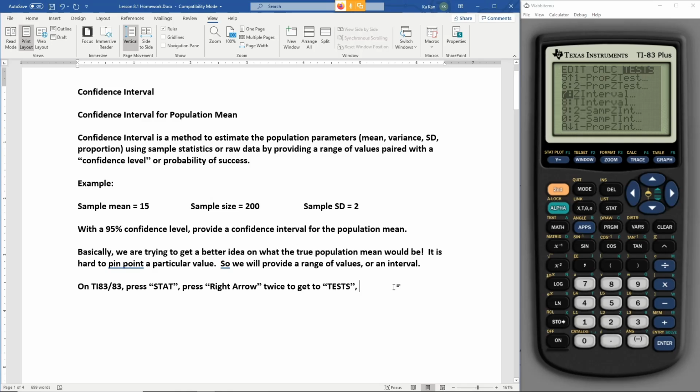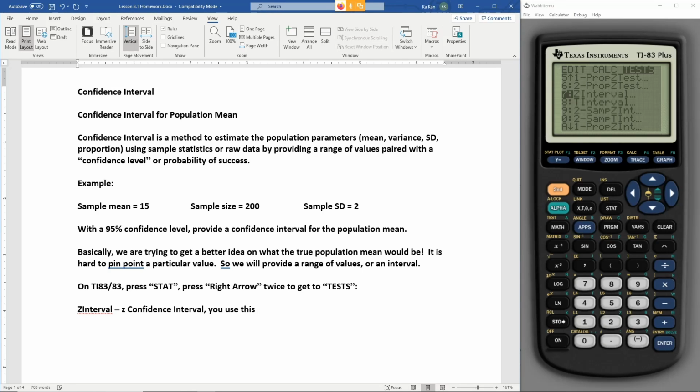So you will see Z interval, which is what we call Z confidence interval.